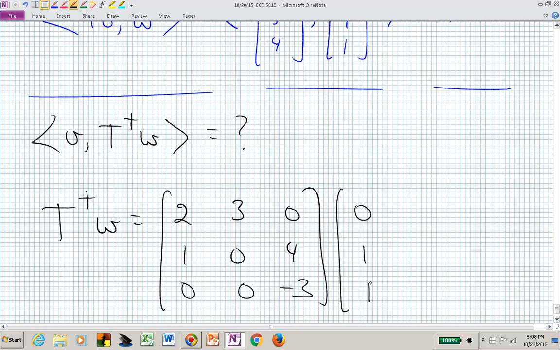W was 0, 1, 1. And now I'm simply adding the last two columns. And that's 3, 4, minus 3.